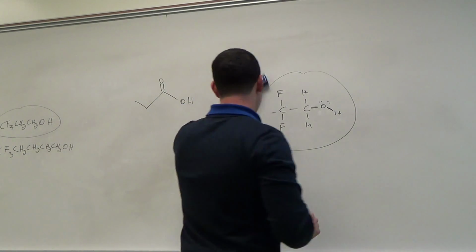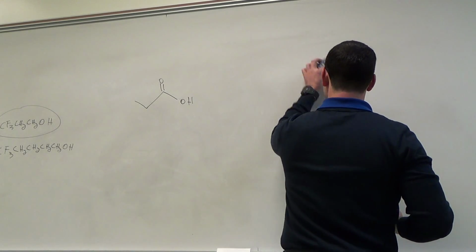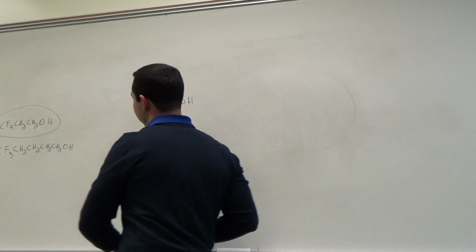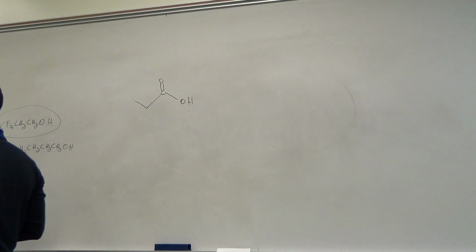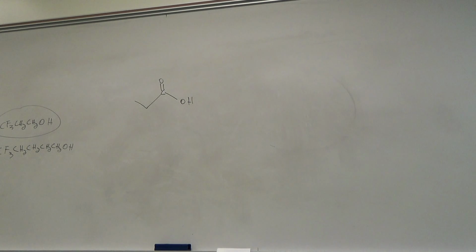How do I make that more acidic without using fluorine? Change the oxygen to chlorine. So write this stuff down and write at least one example in which you can make that more acidic without using an F. Don't say anything, write it down.